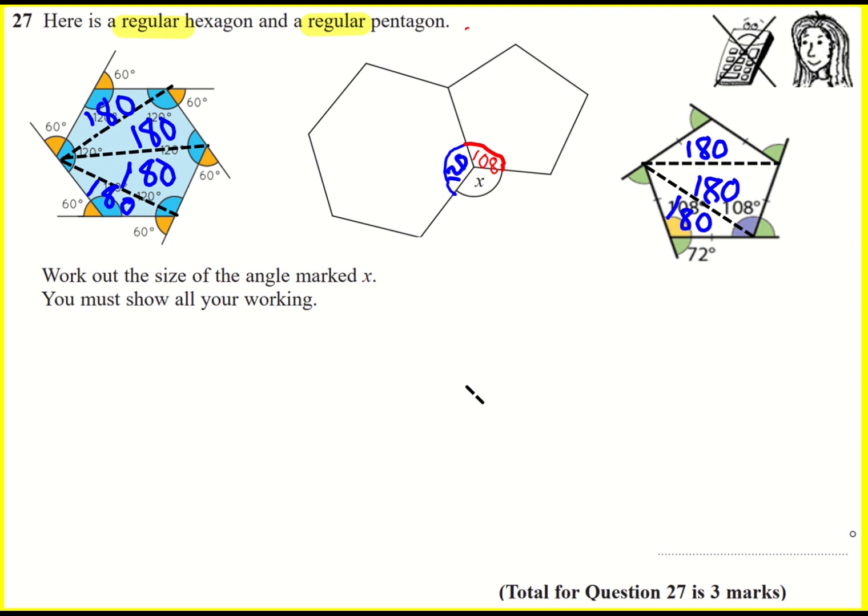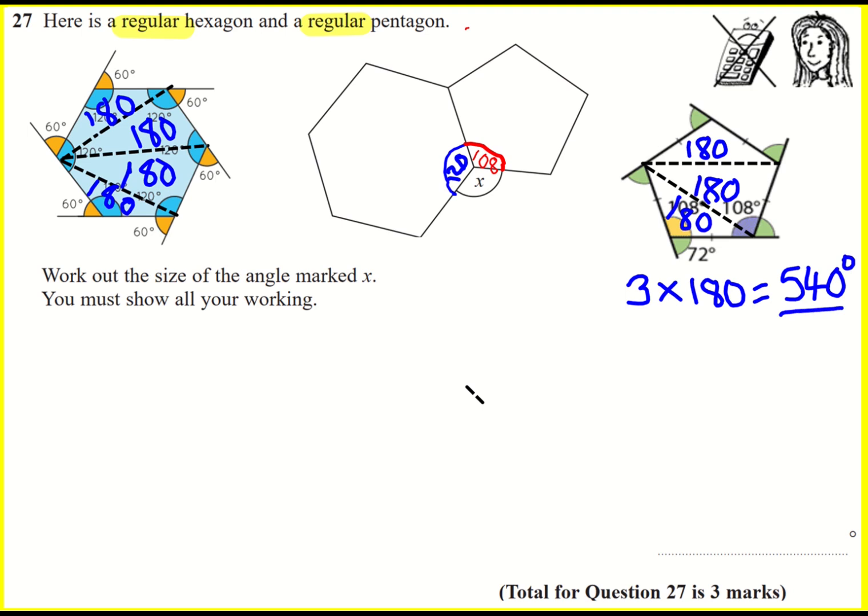So 3 triangles is 3 lots of 180 for your pentagon, which gives you an interior sum of 540 degrees. So inside this pentagon, there's 540 degrees, 3 lots of 180.